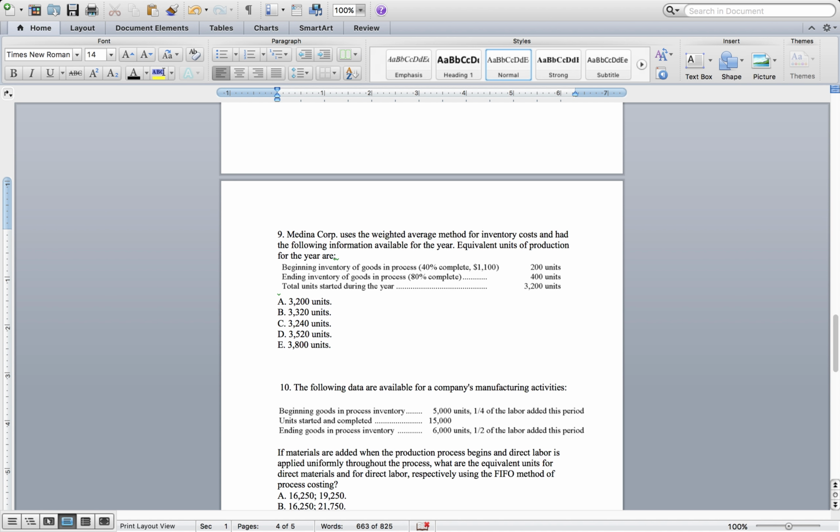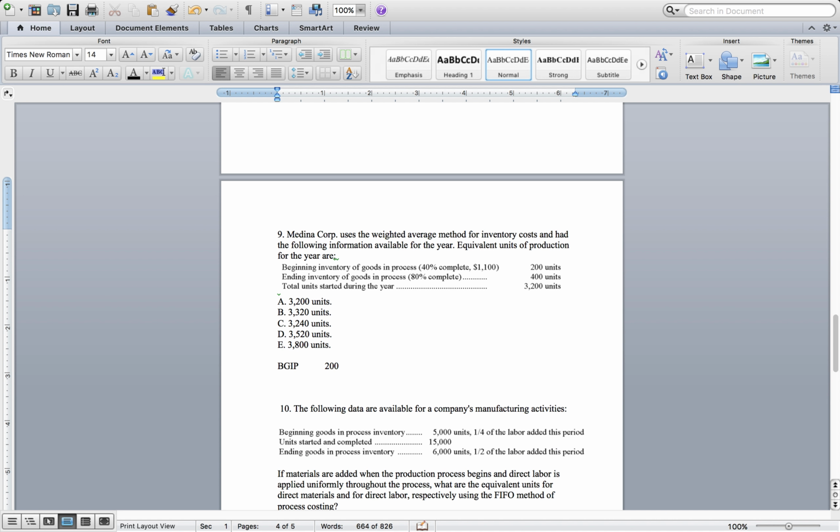Now, Medina Corporation used a weighted average method for inventory costs and had the following information available for the year. Production for the year was beginning inventory goods in process, ending goods in process, and total units. Again, let's calculate production. To calculate that, let's start with my beginning goods in process, which was 200 units.